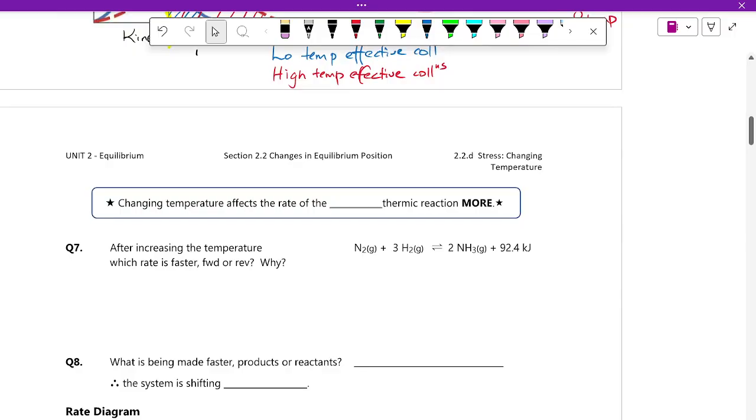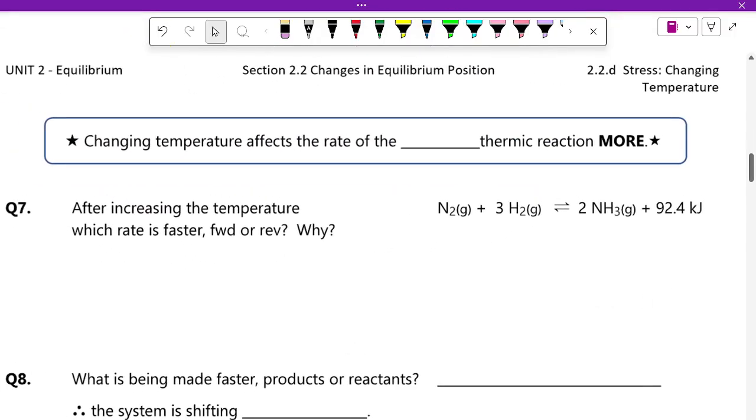So that's what we have on our next page. Changing the temperature affects the rate of the endothermic rate more, always.